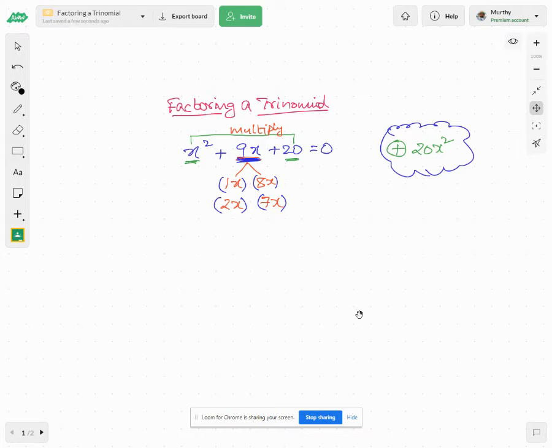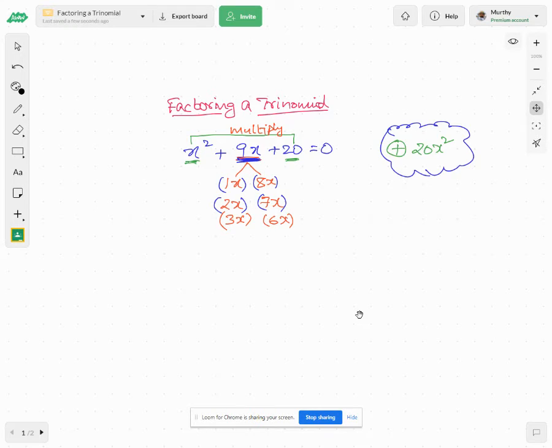So let's keep trying. So 3x, what to add so that I get the middle term 9x? 3x plus 6x gives me 9x. 3 times 6 is 18x square. We are coming close to 20.